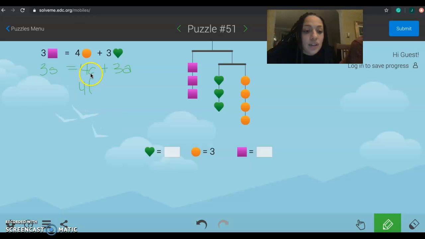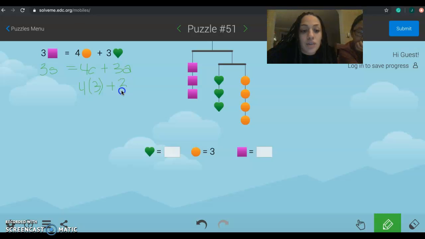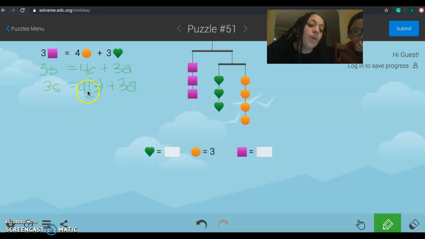What this is really saying is 4 times C. And we know that the value of C is 3. And we're just going to bring down the rest because we have to keep this equation equal. And let's solve. What is 4 times 3? 12.